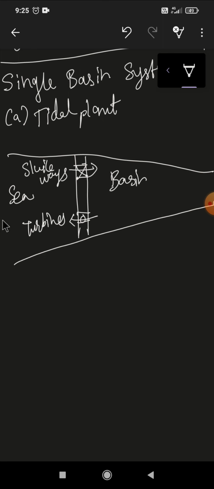So suppose now we construct a dam. So this is the plan, this is the top view. Now let's see the front view. Suppose this is a dam.